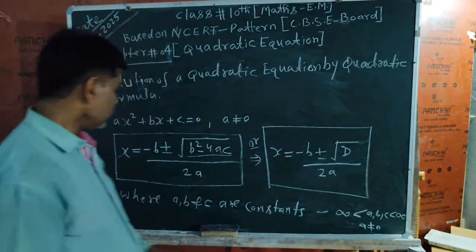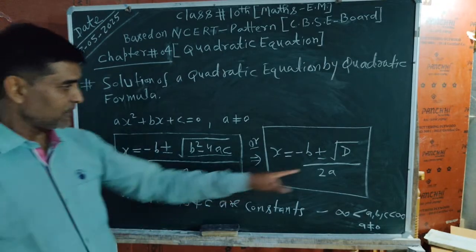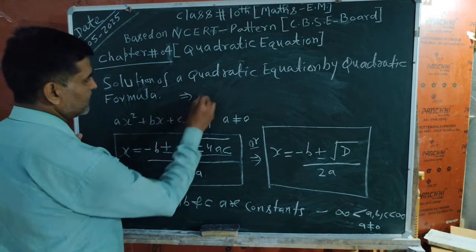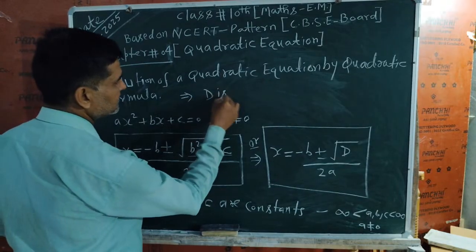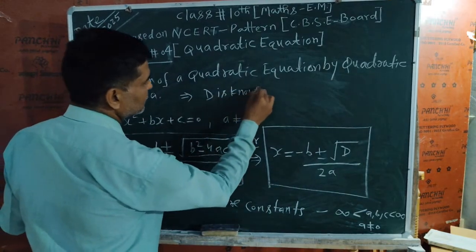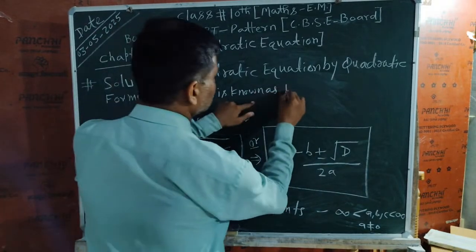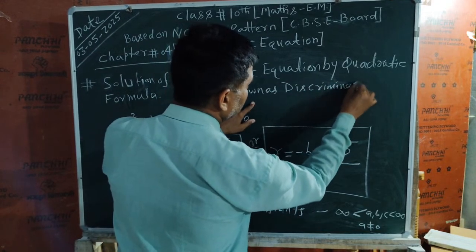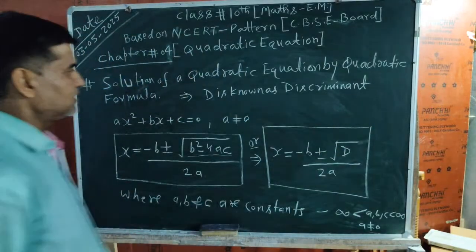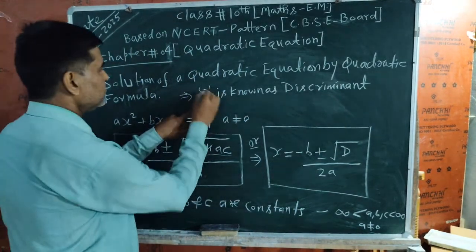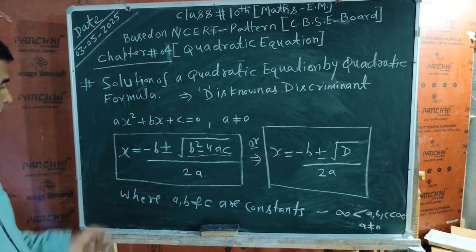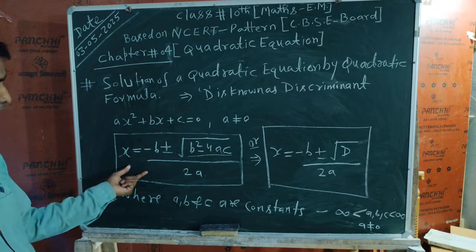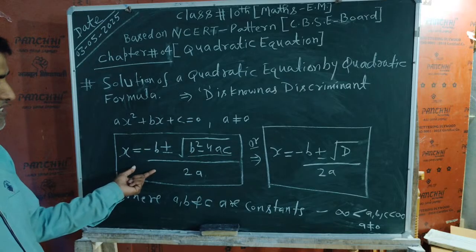Okay student, now further I have to explain what is the meaning of D. D is known as the discriminant. The formula given here is also known as the quadratic formula.